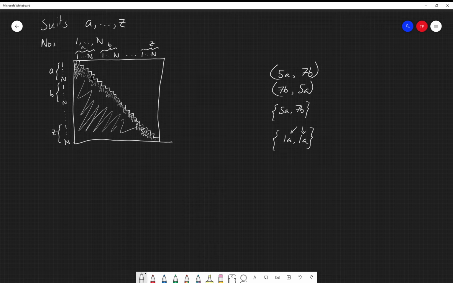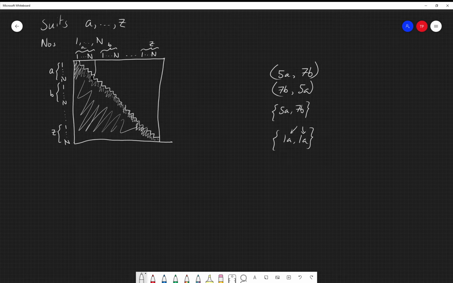Now, the first combination we could consider would be 1A, 2A. So in this region here, in this little square, all the cards are from A. And so again, we can actually divide something like this.